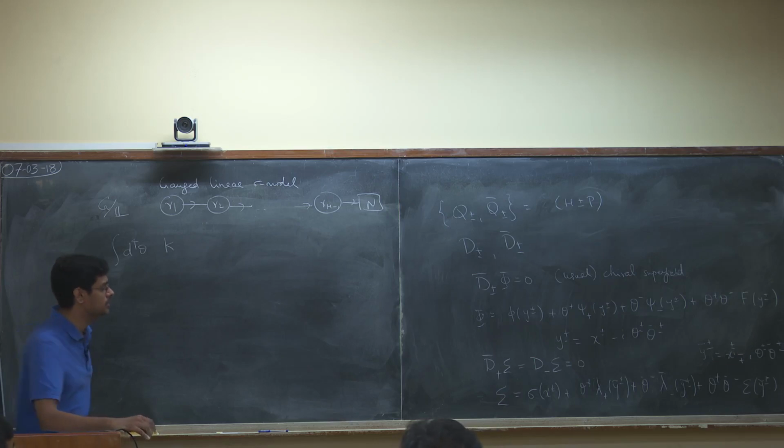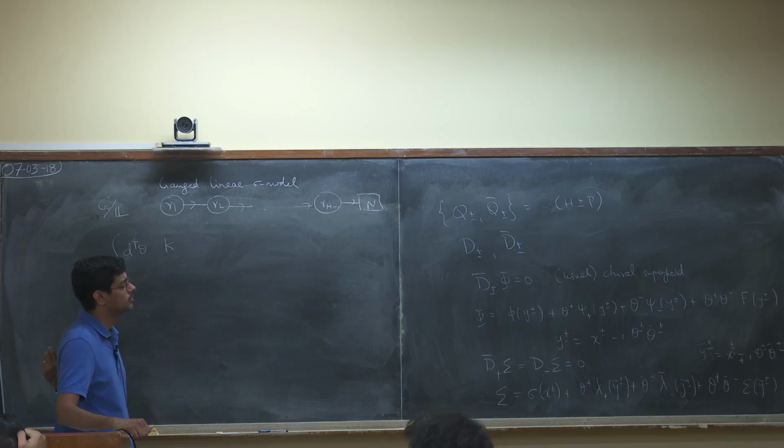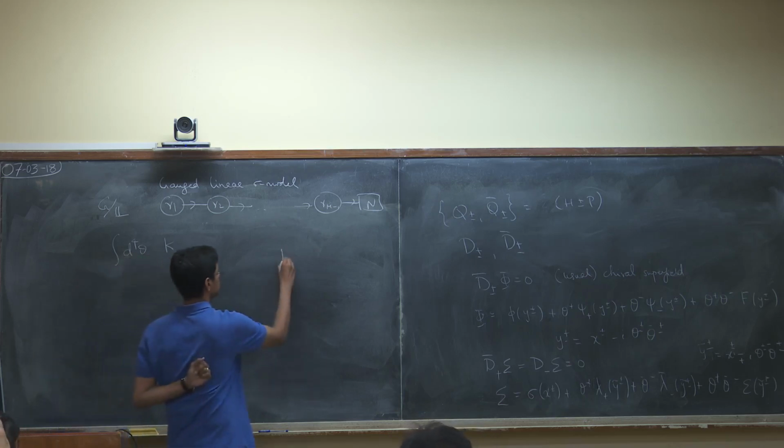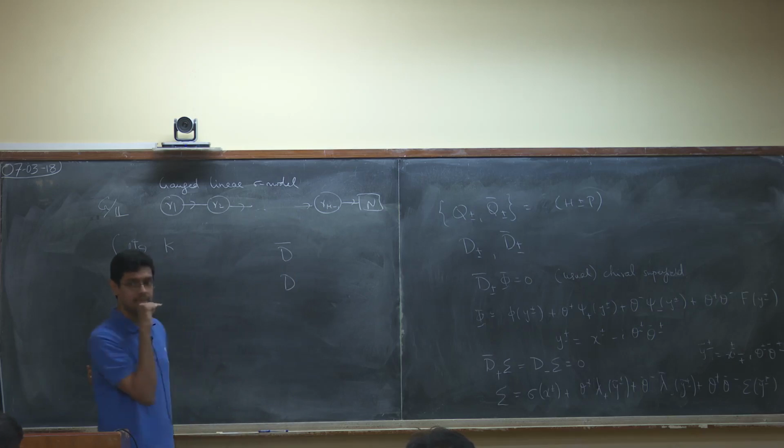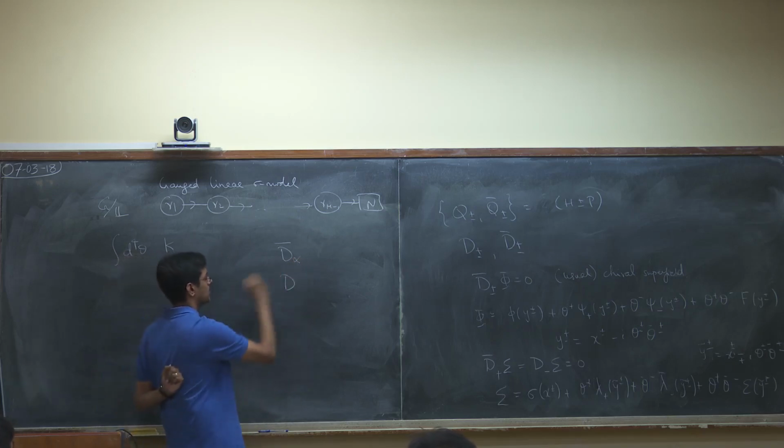Let's see. So what will the equation be? You want gauge covariant derivatives, which are valued in spinors. Yes, a Weyl spinor, so there will be an index alpha. And now here you can use alpha bar index.